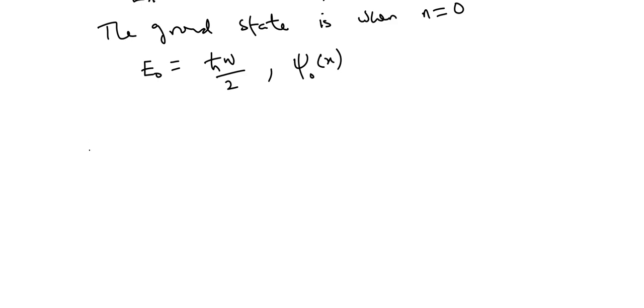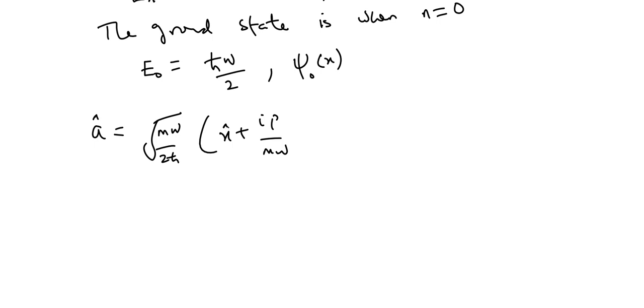So we defined two operators. We defined one as a equals square root of m omega over 2 h bar into bracket x plus ip over m omega. Of course, all these are operators, so this should be hat, this should be hat, and this should be hat. Then the same thing with a dagger.